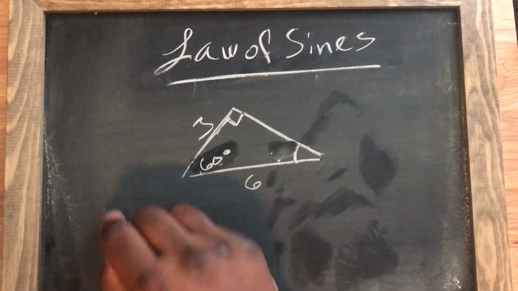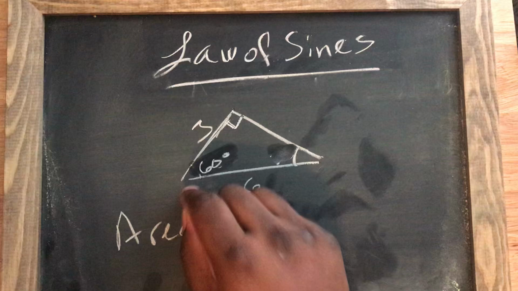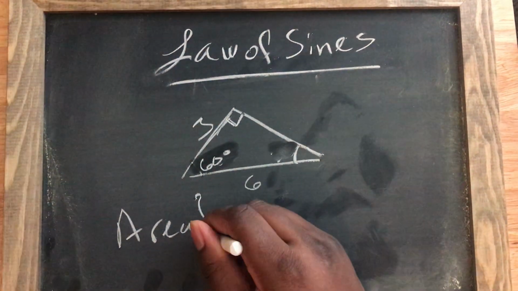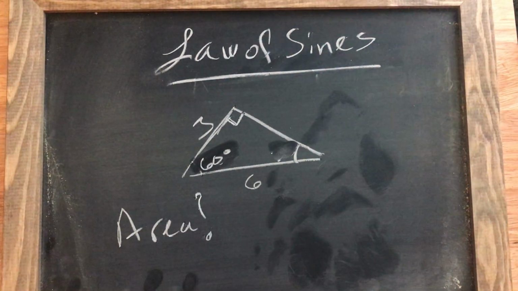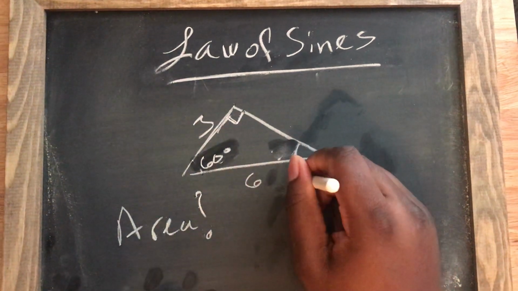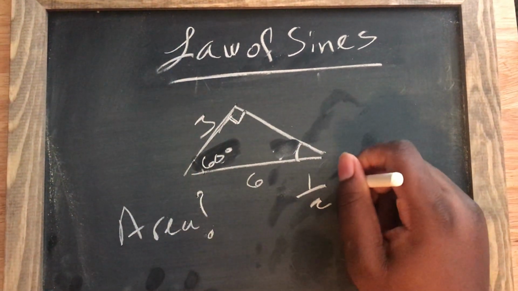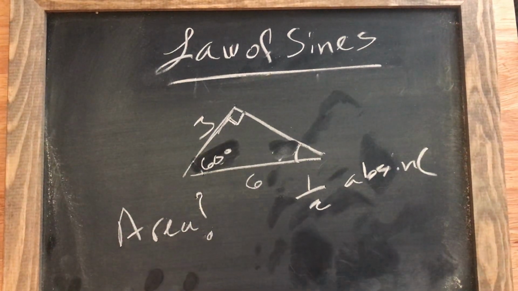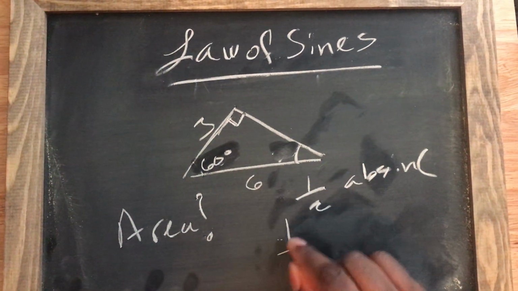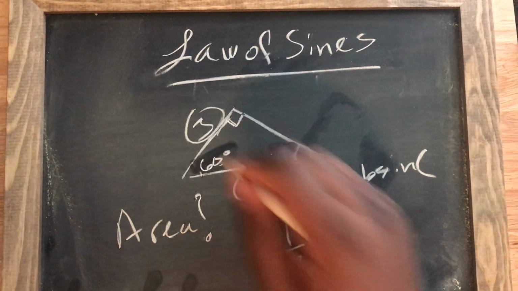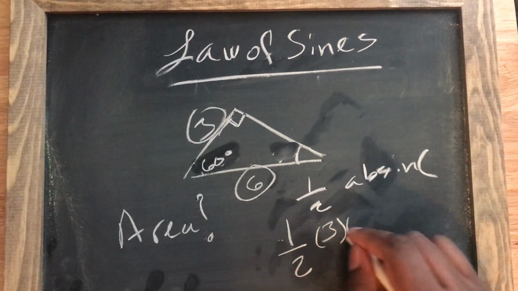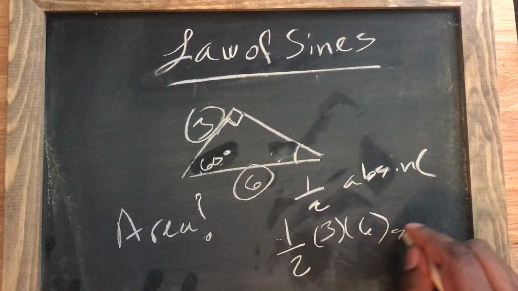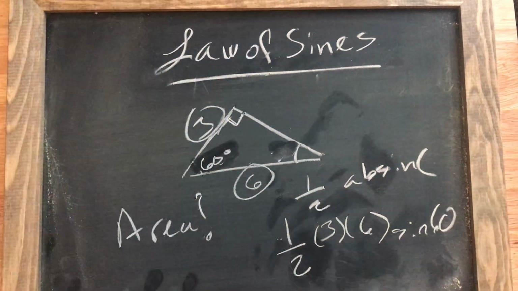What's the area? Well, to find the area, we're going to use the formula 1/2 AB sine of C, or just 1/2 these two multiplied together times sine of 60 degrees.